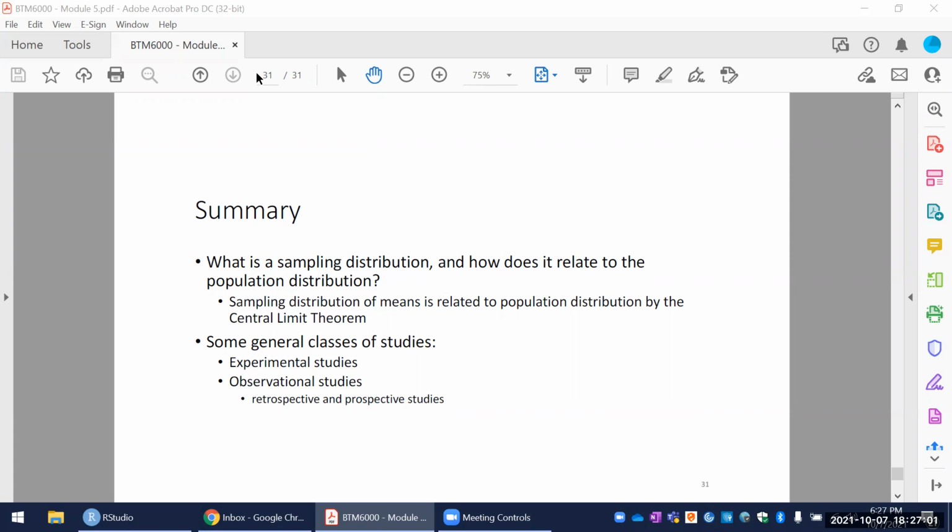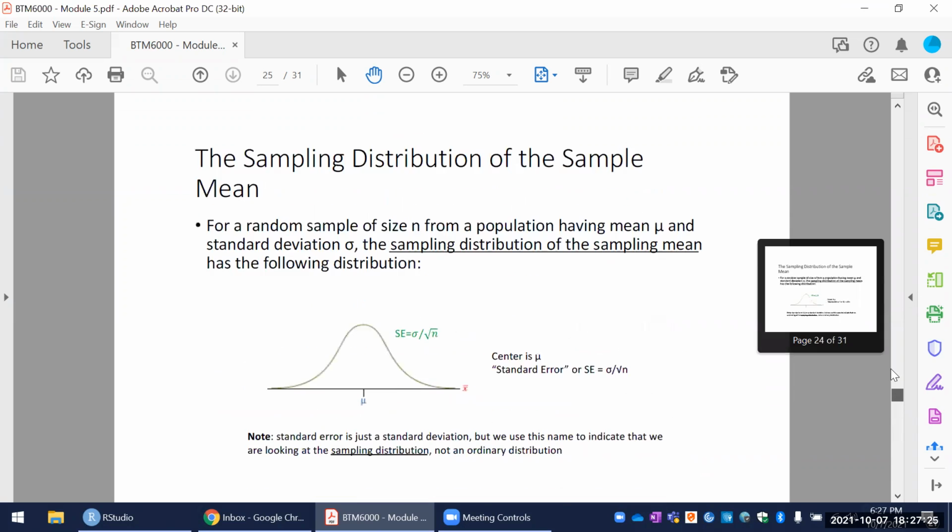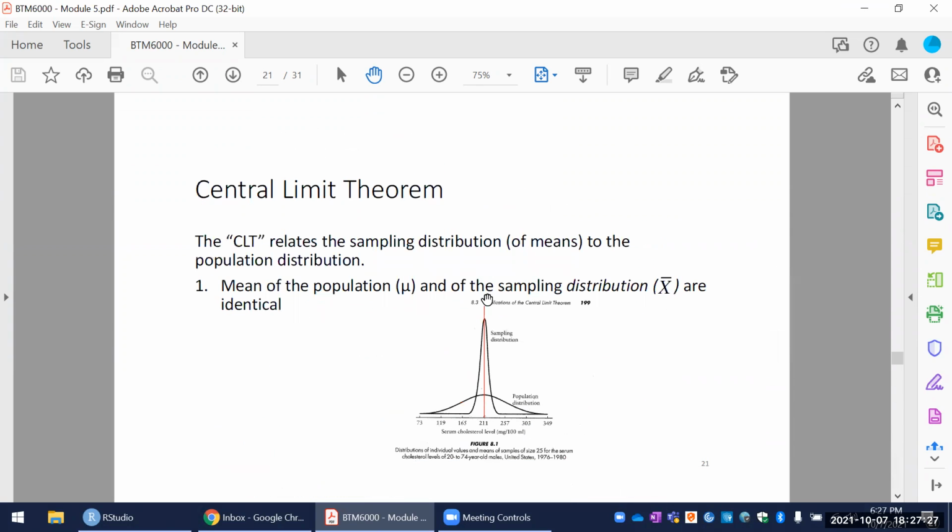Okay, so I think this is, as a concept, considerably easy to grasp, but it's super important, and this is why I made it a point to really have this lecture also be part of this class, because these concepts are not always fully understood, and it's really, really important. So please keep in mind this relationship. The mean of the population and the mean of the sampling distribution are identical.